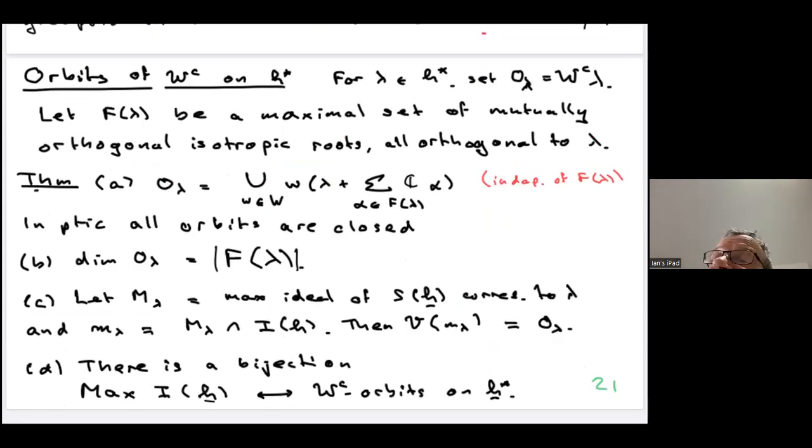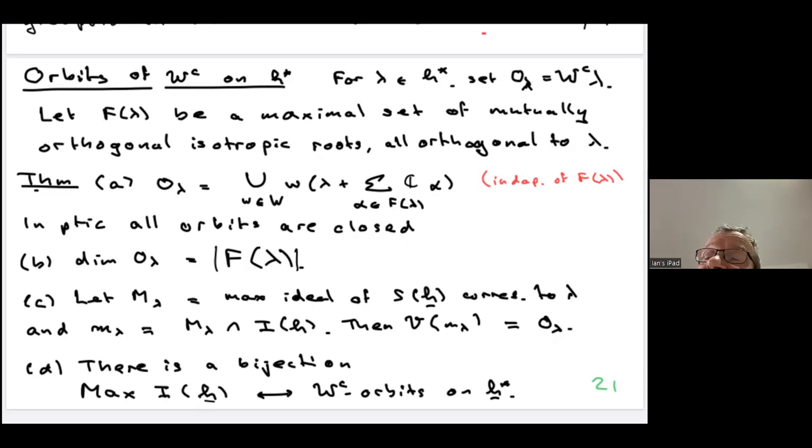Here's what we can say about orbits. O_lambda is the orbit of lambda. Take F_lambda to be a maximal set of mutually orthogonal isotropic roots which are all orthogonal to lambda. Then O_lambda is a finite union over the Weyl group of something, and let's just look inside that union. What you have is an affine subspace of H star.